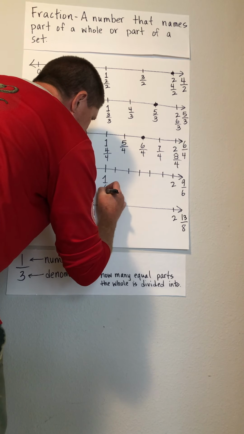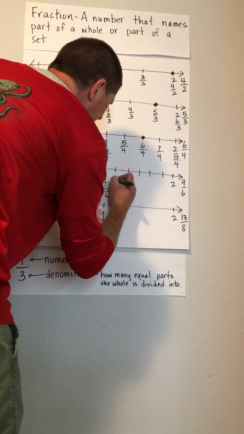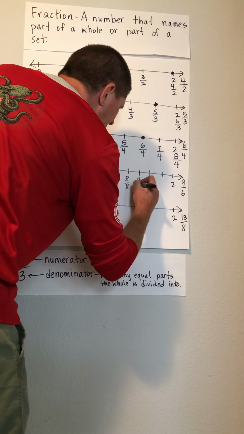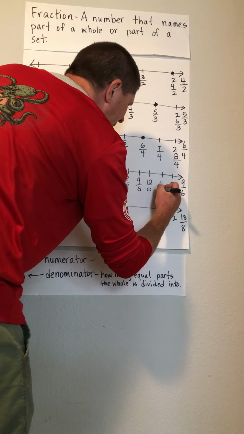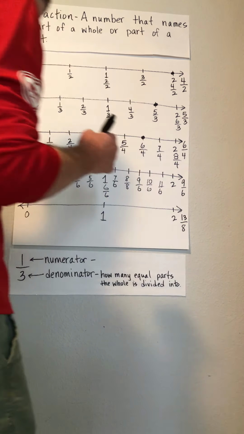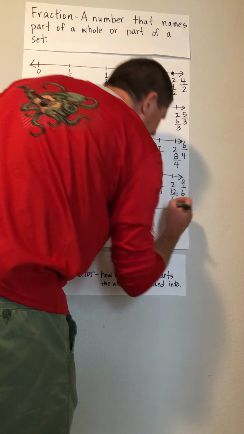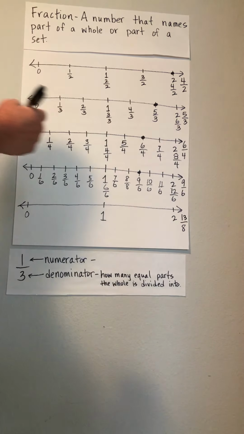So 1 must be 6/6. 7/6, 8/6, 9/6, 10/6, 11/6, and 12/6. So 9/6 is right here.